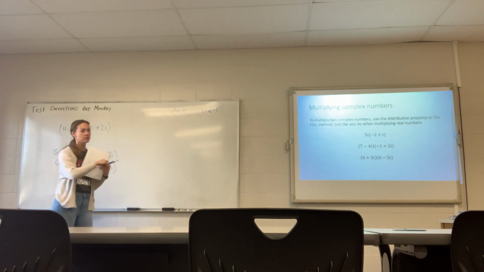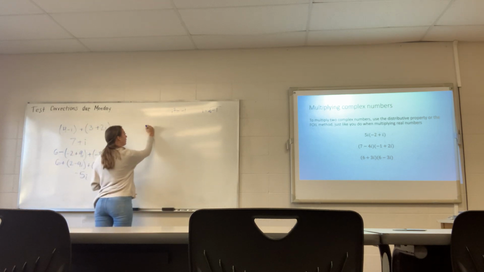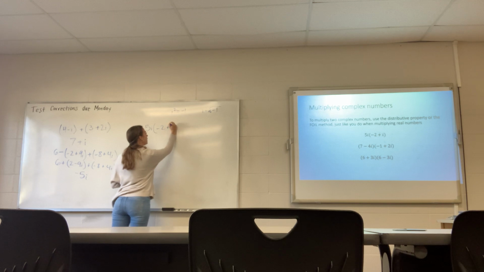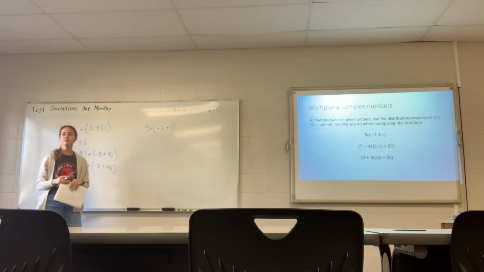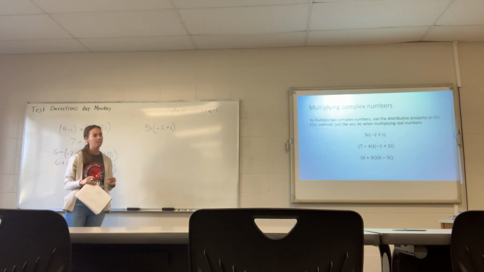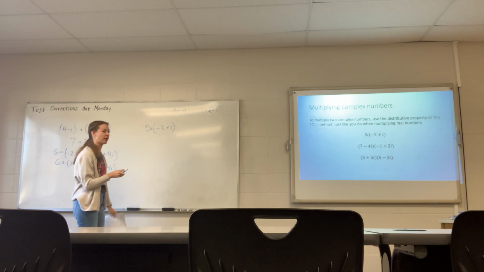So for this first one, I have 5i and then negative 2 plus i. Mackenzie, what do you think I'm gonna do? Okay, so what would I have?